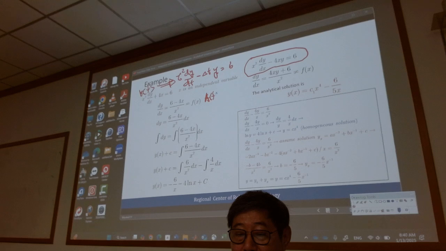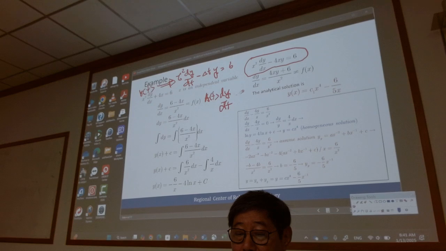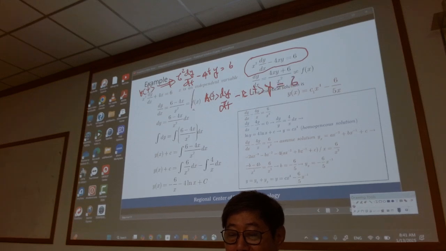A(t) dy/dt plus minus dt, y was 6. Is this linear or not?